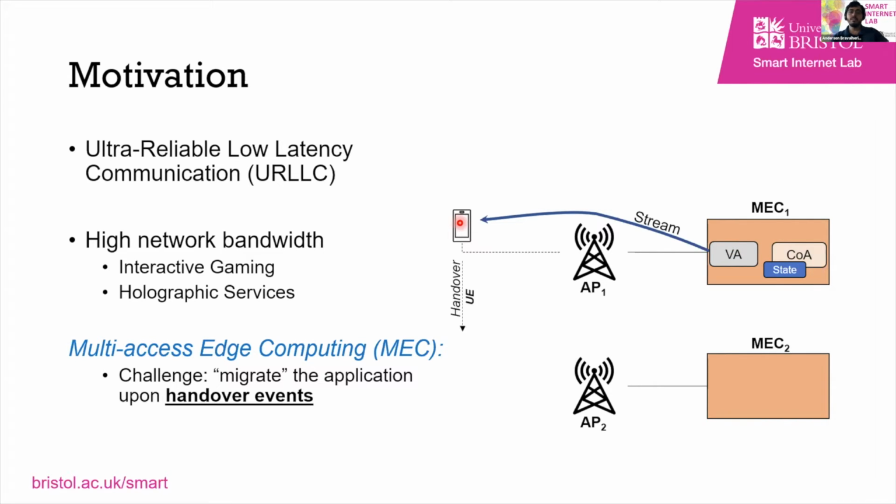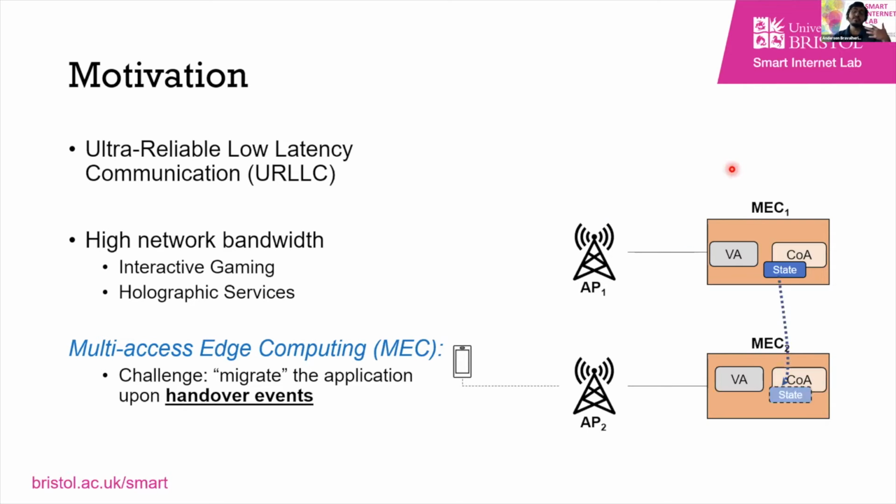When the user moves away, there's a handover between one access point and the other access point. What we have to do is create a new instance of that application, the new node, and also move the state. Then this application will be able to continue streaming. And we want to do all of that without the user knowing about it.